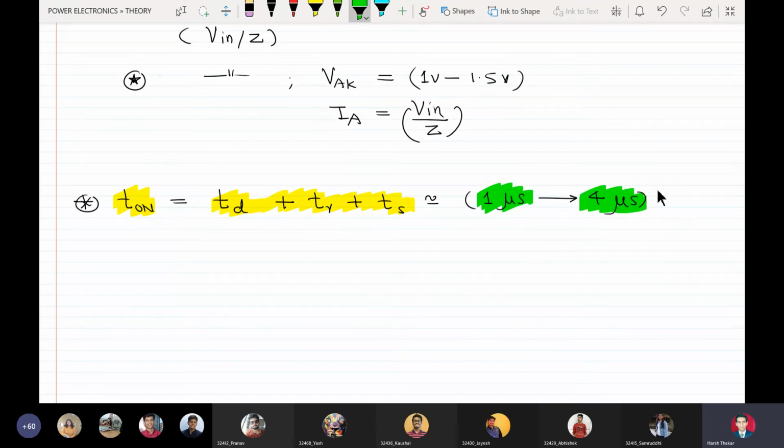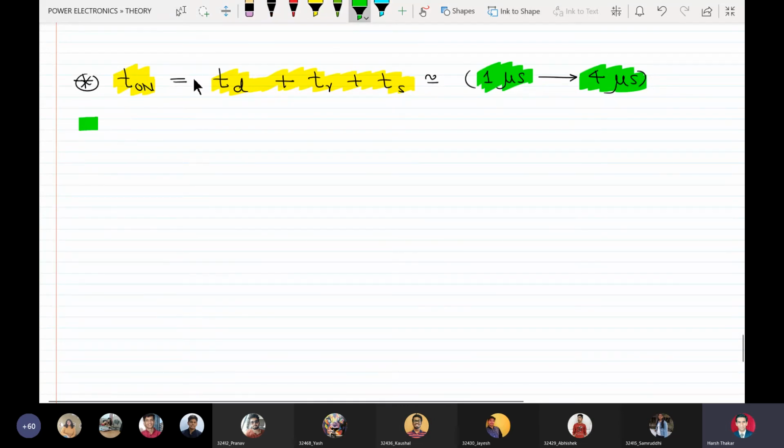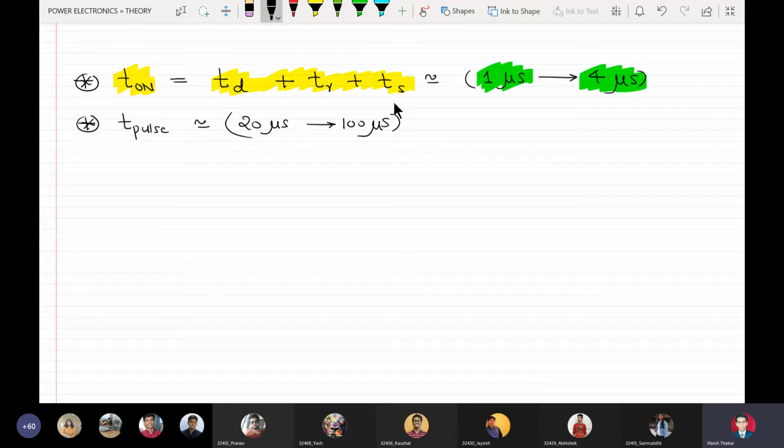And the width of firing pulse is typically kept 20 microseconds to 100 microseconds to ensure turn on.